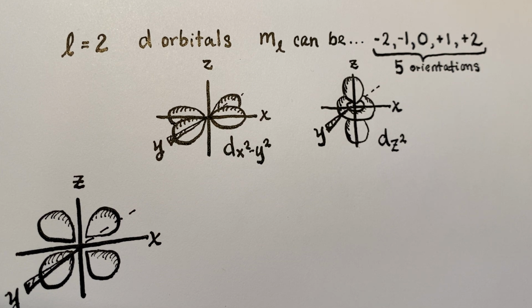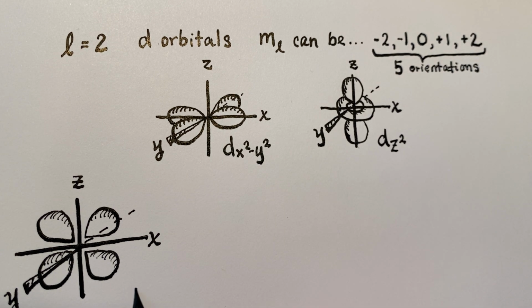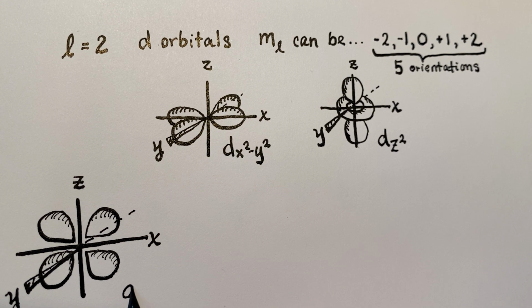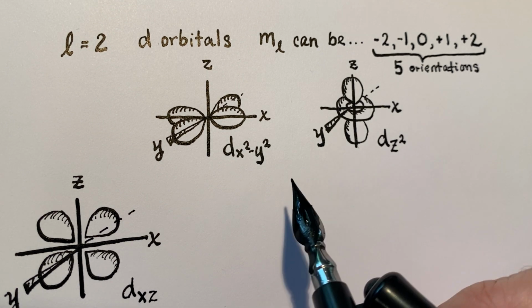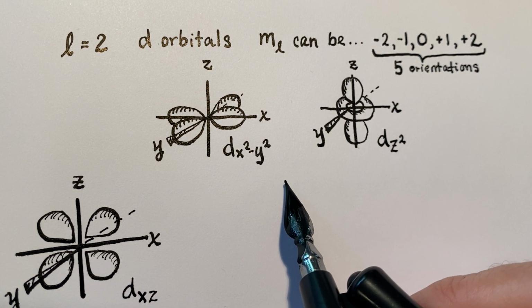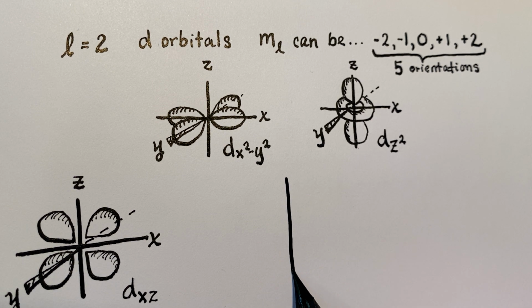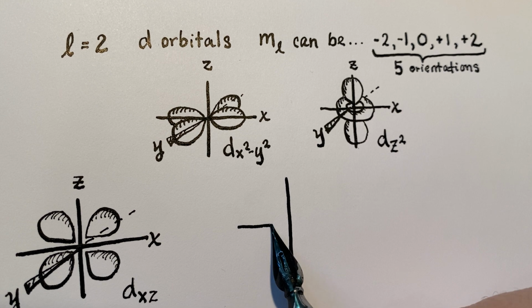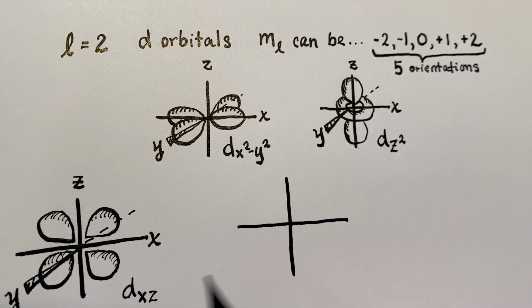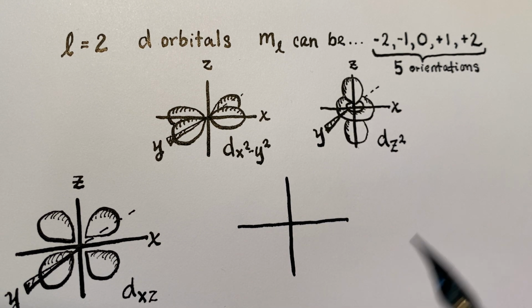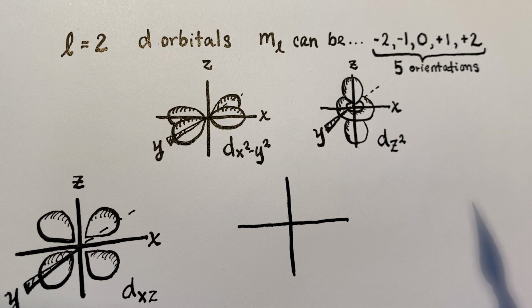All right. So this, let's label it XZ orbital. All right, so the other two, as I said, we're just going to rotate them. Rotate this plane of cloverleaf-shaped lobes onto a different axis.